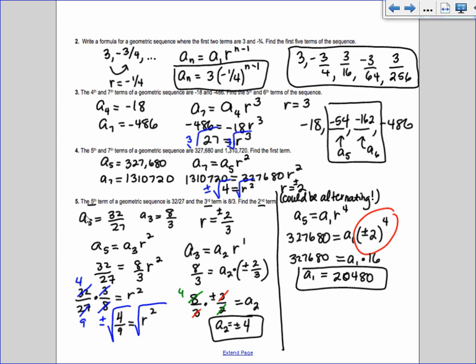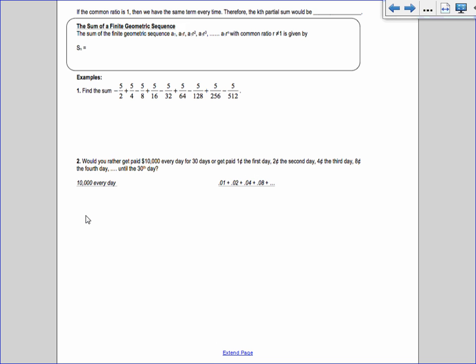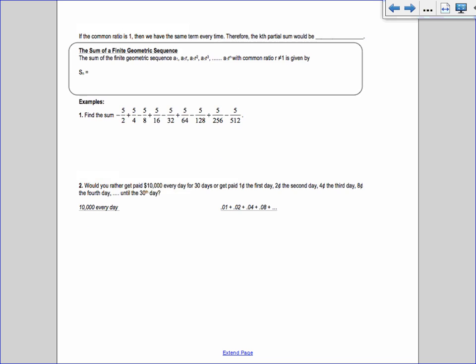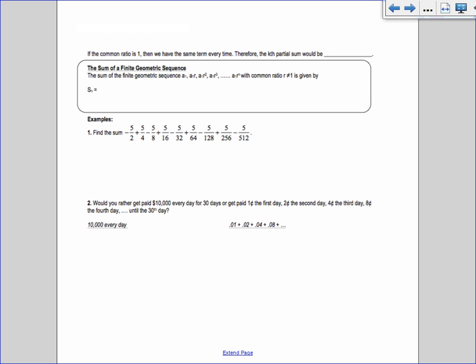So there's another formula that we learned. Before we learn this formula, we're going to talk about, well, what if we had the same thing all the time? What if I had the sequence that looked like 5 plus 5 plus 5 plus 5 plus 5, and I go 100 times? If I add 100 5s together, what do I get? 500.